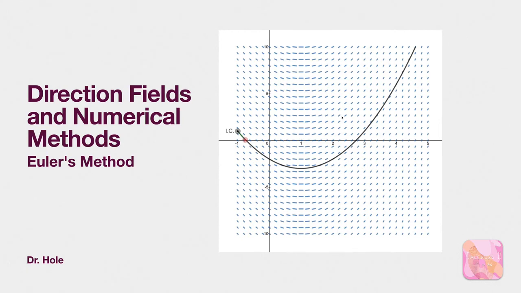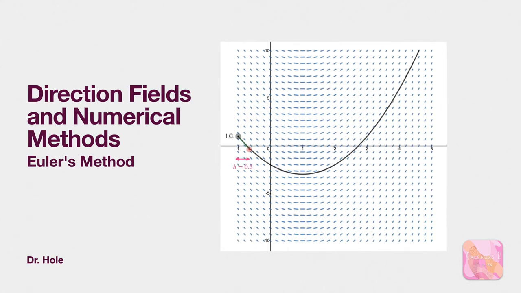Now, the red dot may appear to be on the solution curve, but in fact, the red dot is a point on the tangent line to the solution curve. And thus only for x-coordinates nearby the x-coordinate of the initial condition does the red dot appear to be close to the solution curve.